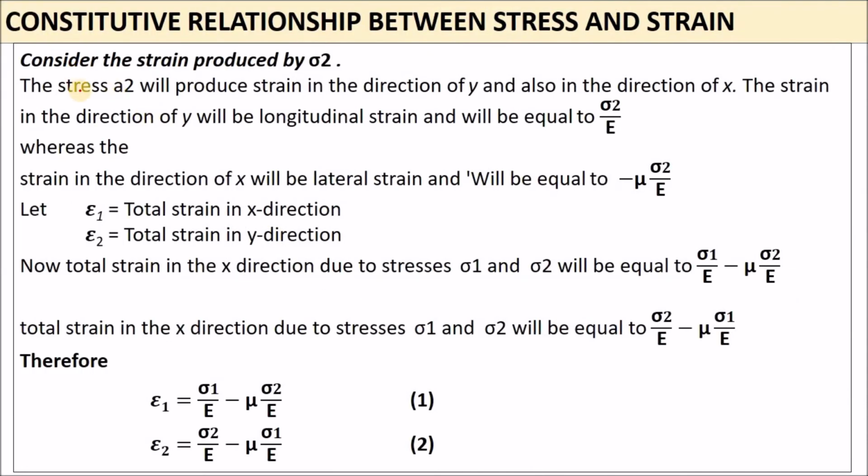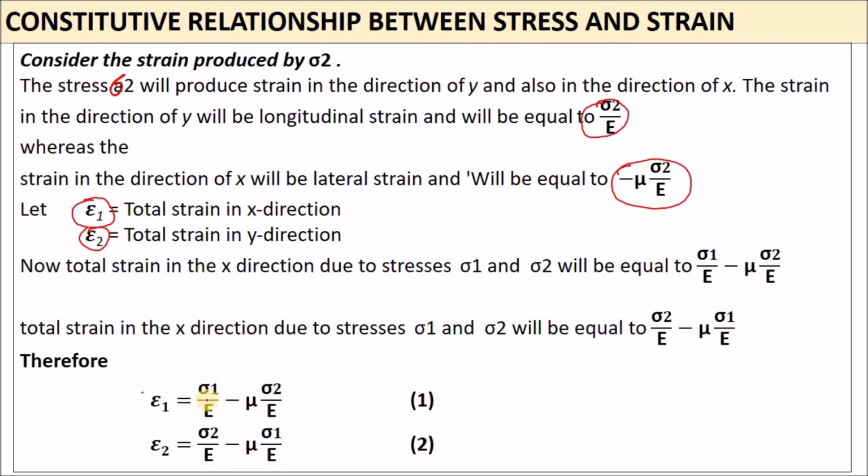Similar to that, due to stress sigma 2, in y direction that will be sigma 2 by E. In x direction that will be lateral strain equal to minus mu sigma 2 by E. So total strain in x direction is, let's suppose, this one and this one.